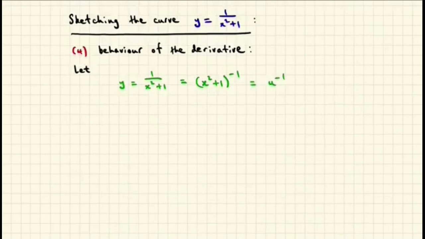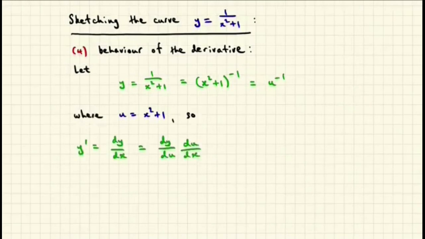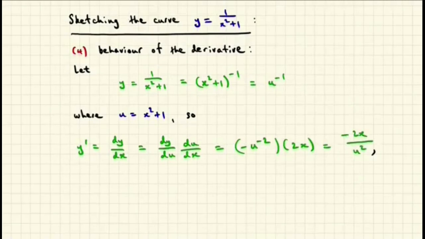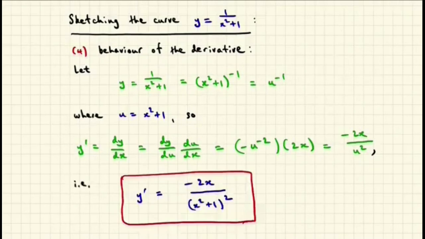So the derivative y dash, which is dy dx, becomes dy du times du dx by the chain rule, which is negative u to the minus 2 times 2x, which we can rewrite as negative 2x over u squared, and then express everything in terms of x to get y dash equals negative 2x divided by x squared plus 1 squared.